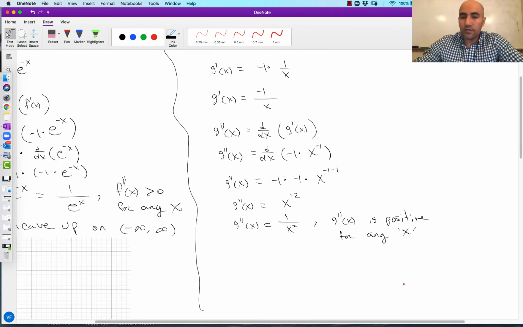That's what we can conclude: the second derivative is positive for any x, and in particular, since the domain is from 0 to infinity, g of x is concave up on the interval from 0 to infinity. Okay, so let's use Desmos to graph it and confirm that this makes sense.